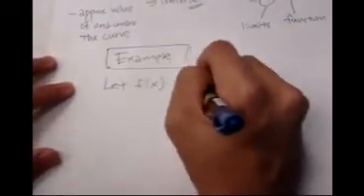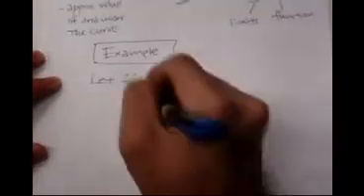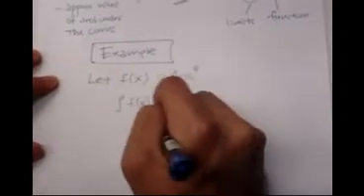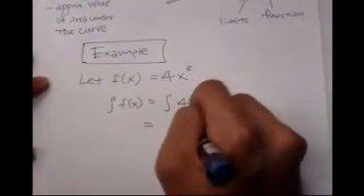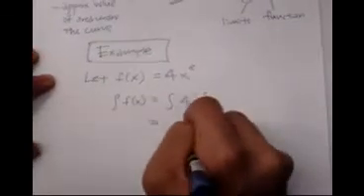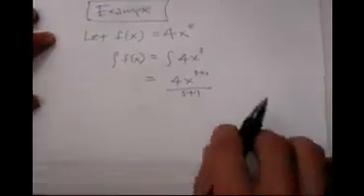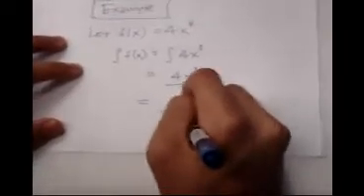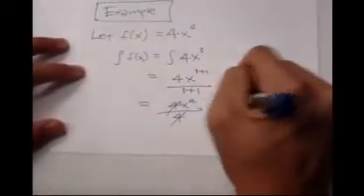We let f(x) equal 4x cubed. We integrate f(x), which means we integrate this, and we will get 4x^(3+1) over 3+1, which is 4x to the power of 4 over 4, which gives x to the power of 4.